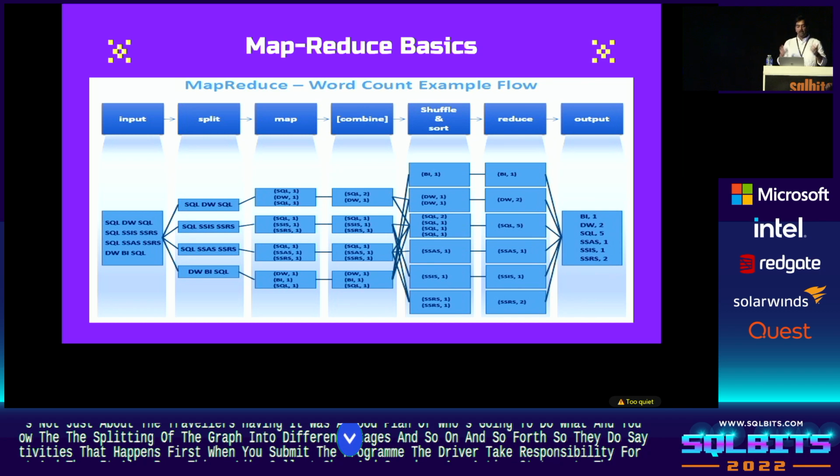Just random words. You submit this as the input to your program, and Spark will split it into what is called a partition. It splits into multiple partitions and assigns them to tasks, so map operations happen on top of that.